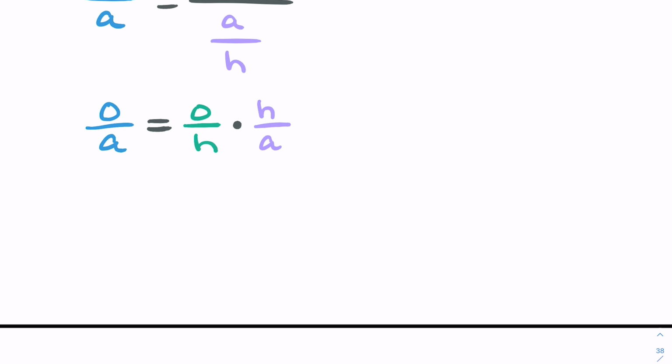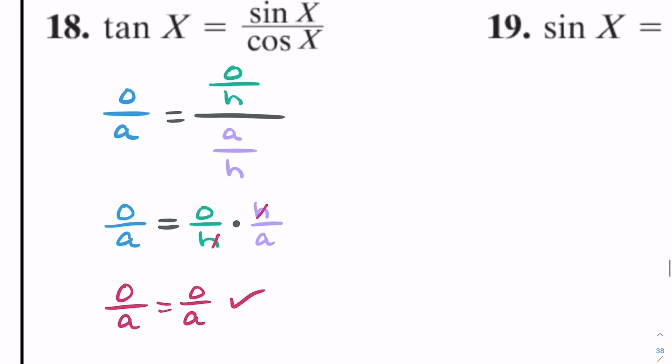What is H divided by H? Goes away, right? So my final result is O over A equals O over A, which checks out. So what we did was we just proved that tangent truly does equal sine over cosine, which is really cool.